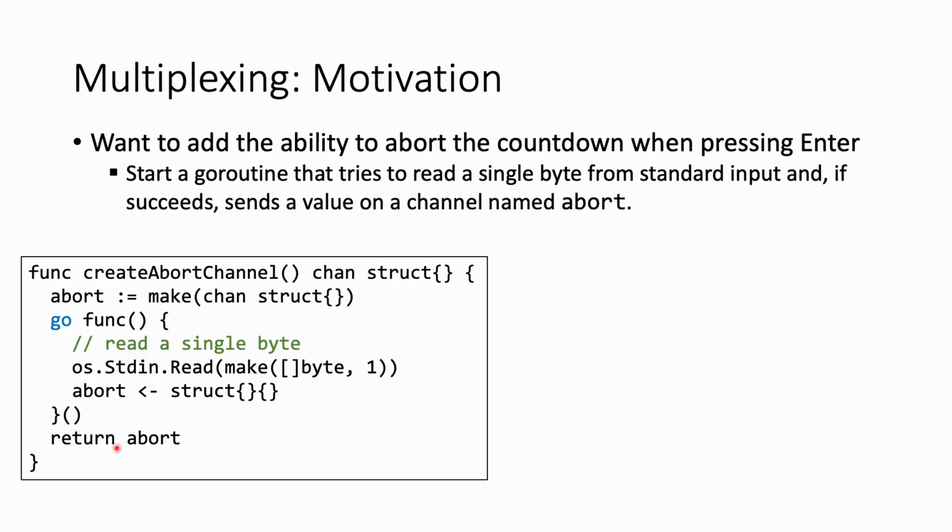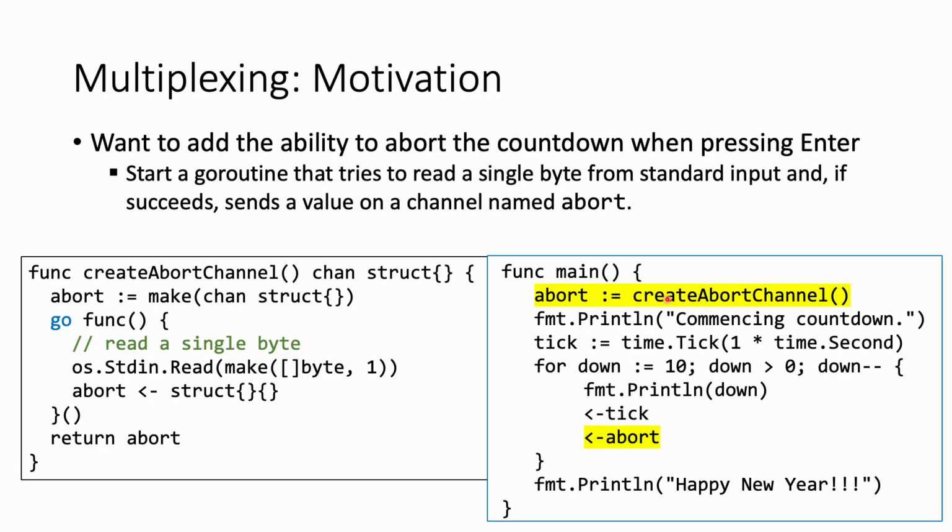Finally, it returns channel abort. Then in function main, it starts with calling function createAbortChannel and assigning the returned channel to variable abort.